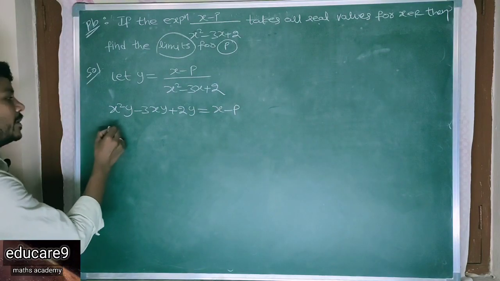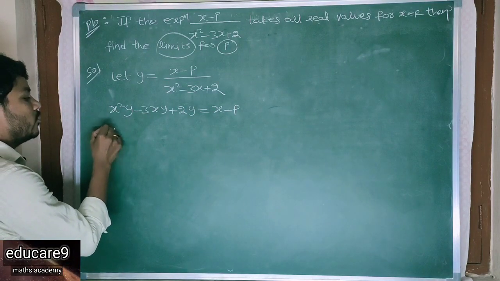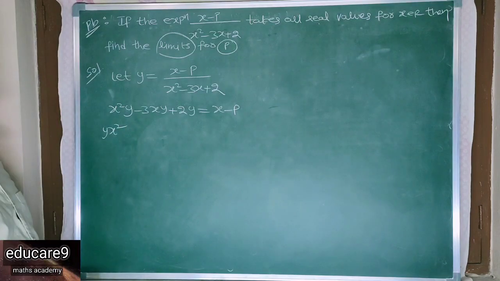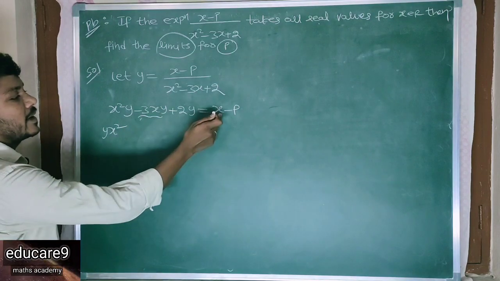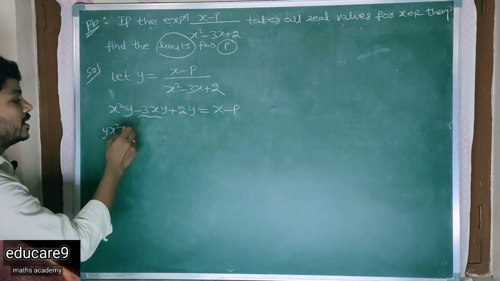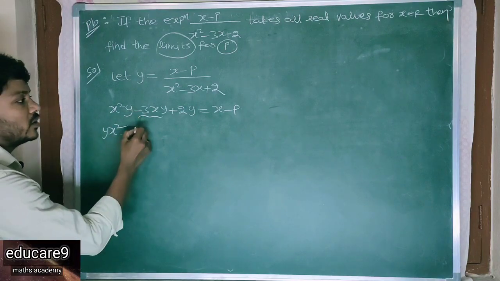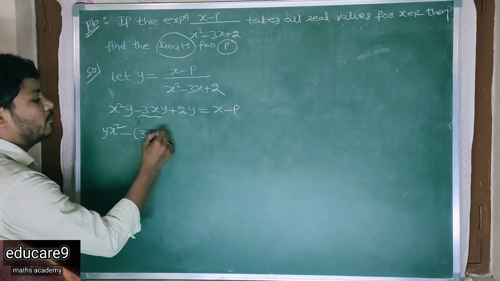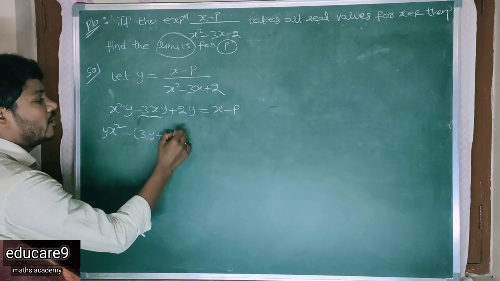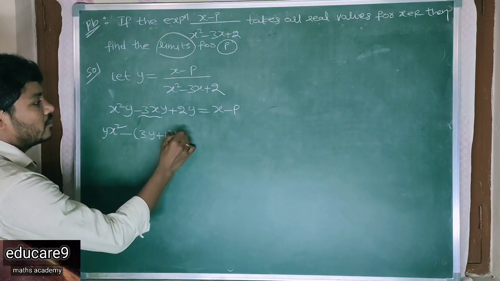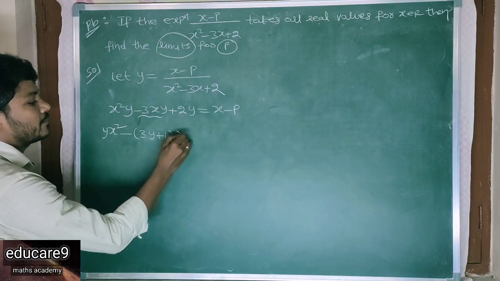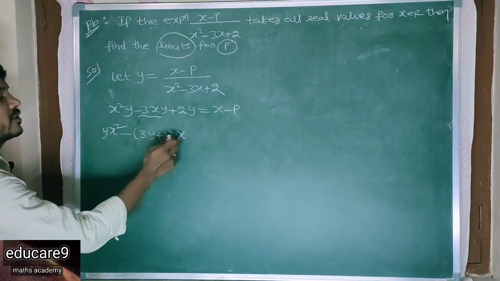So again this can be written as y x square minus 3xy minus x. In that, minus x is common, you get 3y plus 1 of x.